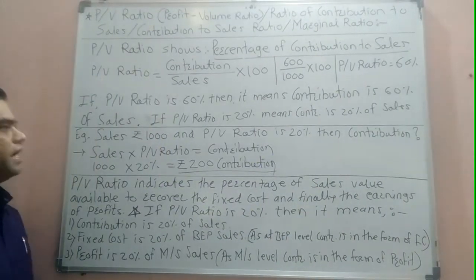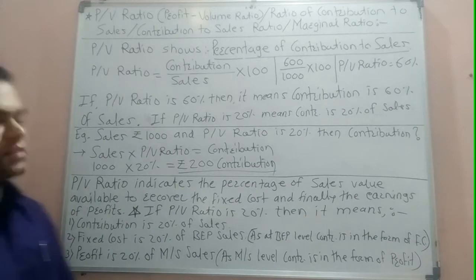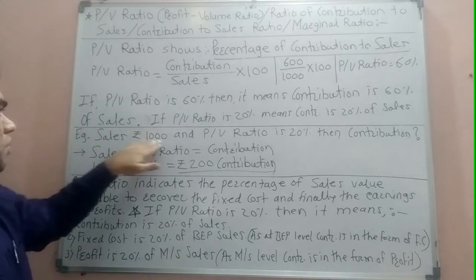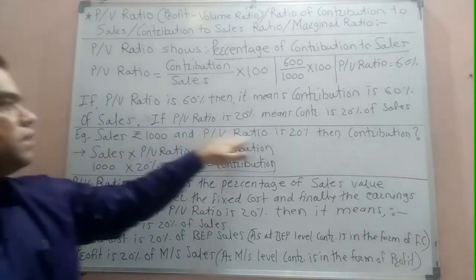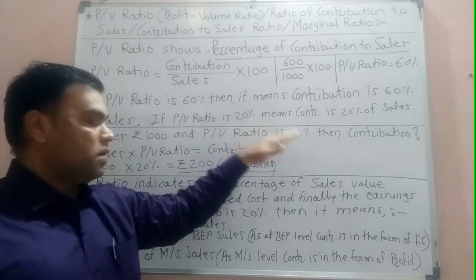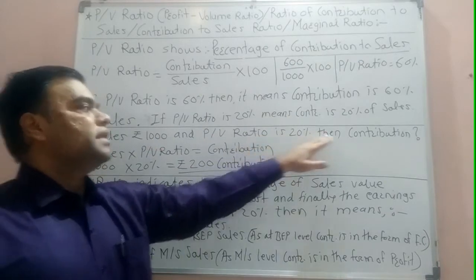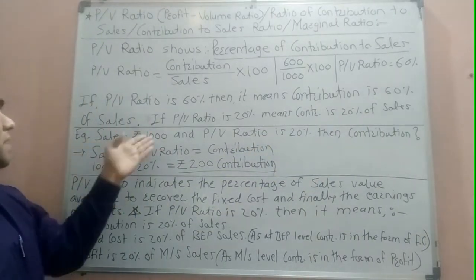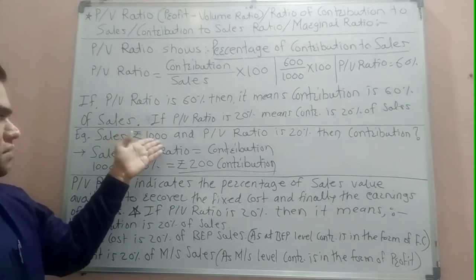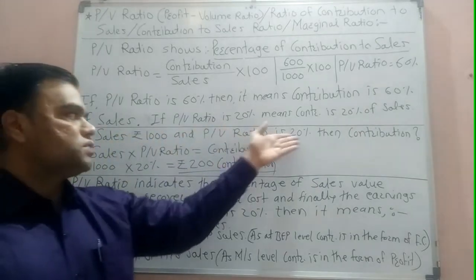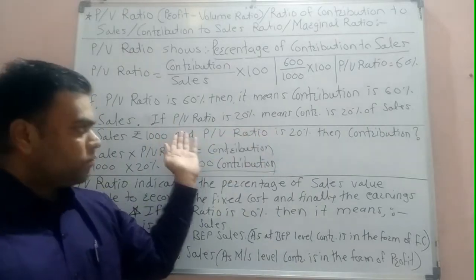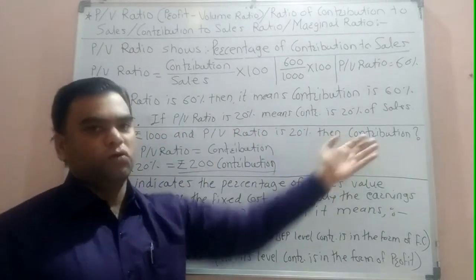Now, with the help of one example, we are going to understand the utility of PV ratio. Suppose sales is rupees 1000 and PV ratio is given as 20%, then what will be the amount of contribution? After giving these two items, we are asked to calculate the contribution.